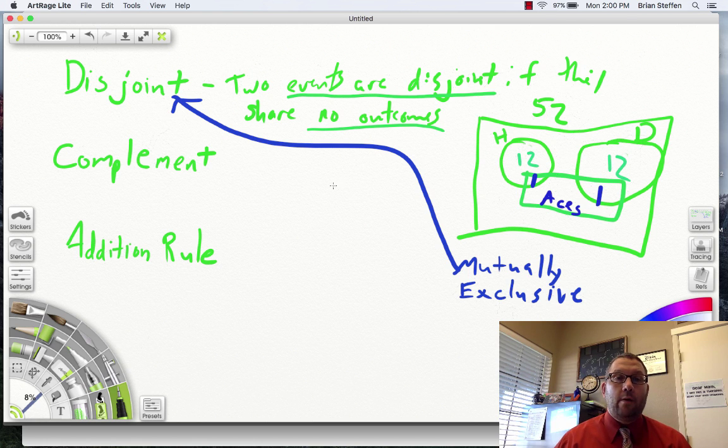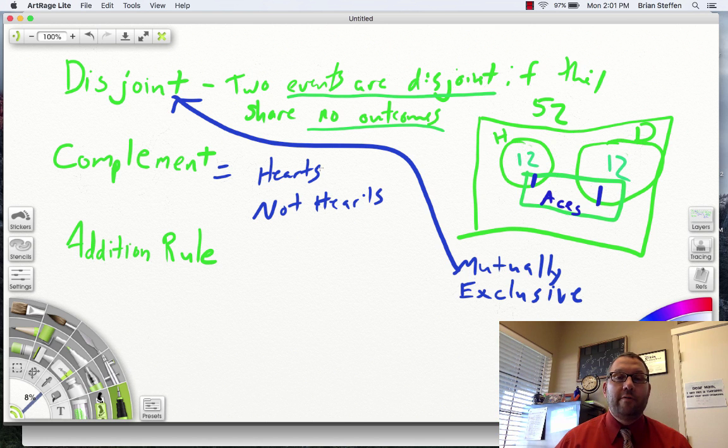All right. Now, complement. I hate ever using the word opposite, but let's see, a good way of explaining this. In a deck of cards, we'll stick with a deck of cards, complementary events would be hearts and not hearts.